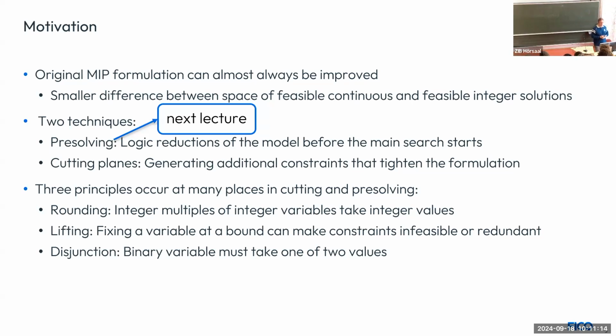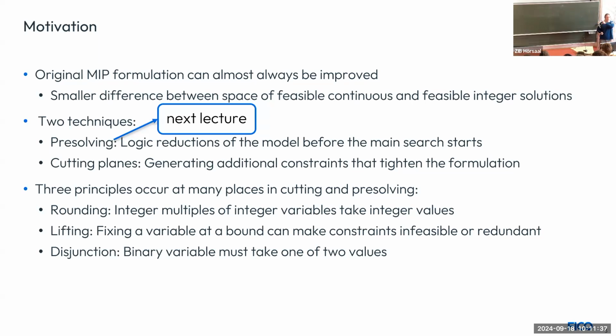And disjunctions, the obvious observation that binary variables can only take one of two values. If you can make an argument about your problem for both the 0 case and the 1 case, then it holds in general, a disjunctive argument. And you don't need to use the same reasoning in either case. We will see this a couple of times.